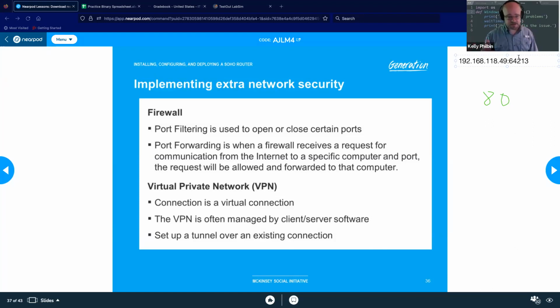But being able to guess port 80, which is your generic web server portal, is pretty high, right? So this allows us to create a little bit more of a layer of security through obscurity. And I could have 64.213, 64.214, 64.215, 64.216, all going to different cameras.